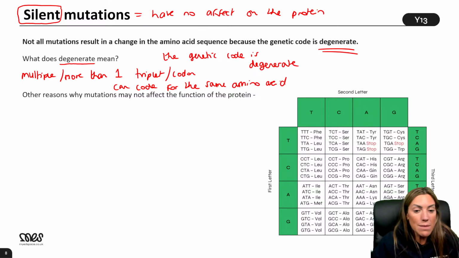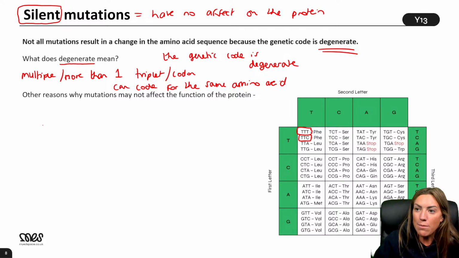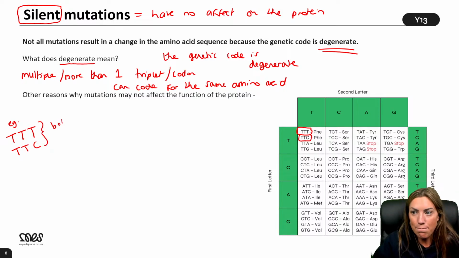So there might be a mutation. It might be a substitution mutation. Let's find an example here. You can find loads in this table. You can have a little look after the lesson and see what others there are. Look, maybe the original DNA had this triplet and there's a substitution mutation and now we've got this triplet. No bother, no problem, because they both code for an amino acid called Phe, which I think is phenylalanine.